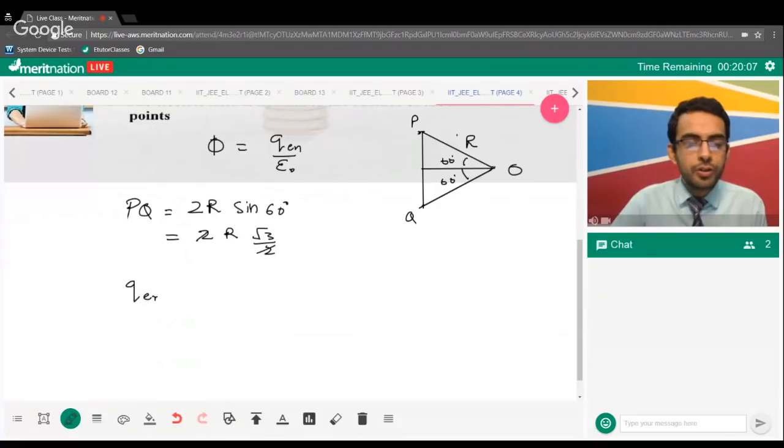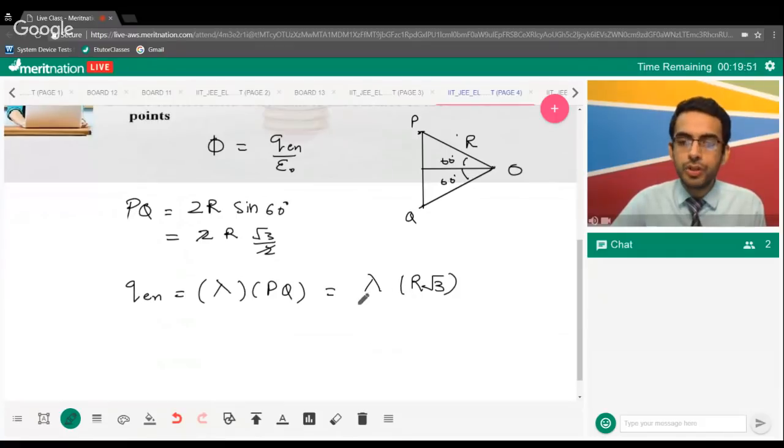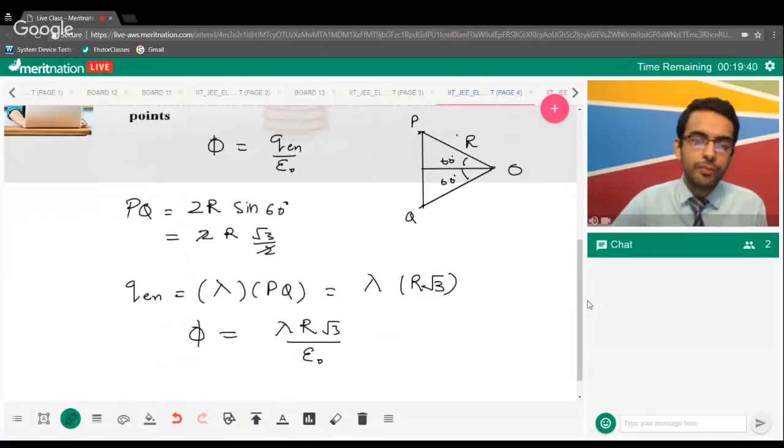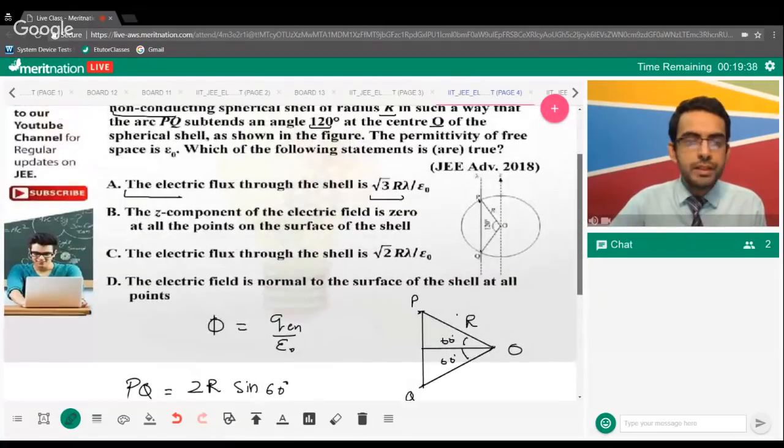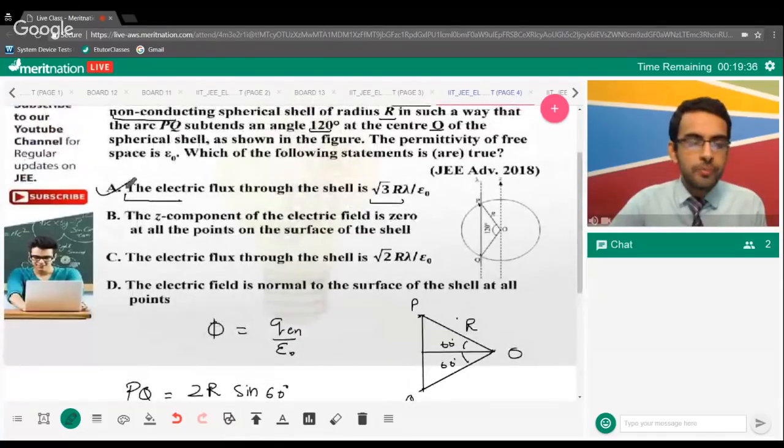Q enclosed will be equal to lambda, the linear charge density, multiplied by the length PQ. That is equal to lambda times R into root 3. This is the enclosed charge. So you can find that flux will be equal to lambda into R root 3 upon epsilon naught. So that means the first option A is correct.